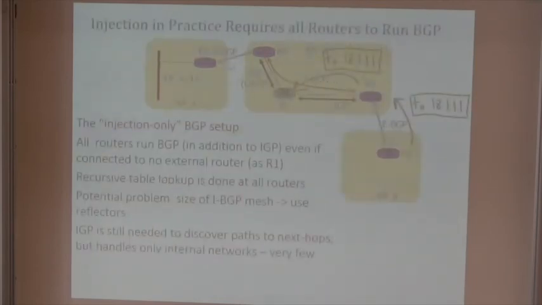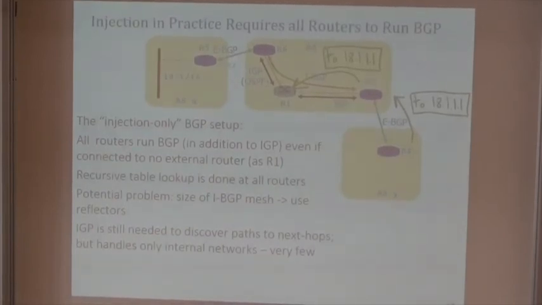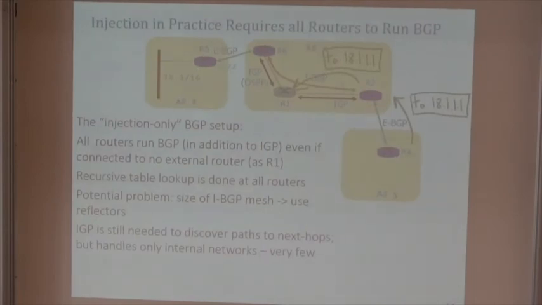Well, we can avoid that there are no BGP routers. So what is very often done, if you do injection only, you run BGP everywhere, including in this router here that is not interfacing to any external network. So this is why we find this paradoxical state of affairs that there may be a domain where there are 3 routers, only 2 routers speak to external neighbors, but we still run BGP in all routers, including the ones that are internal.